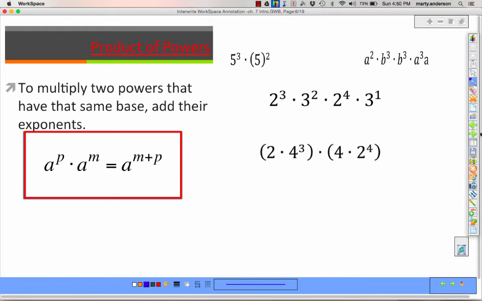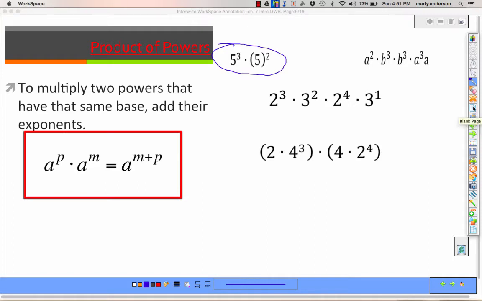Okay, we got a bunch of rules for exponents to make your life easier. If you're going to multiply things together with the same base, then you're going to add their exponents. Let's take this one off to a separate page, and then we'll come back to this.